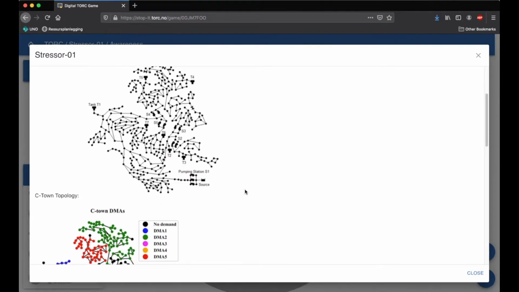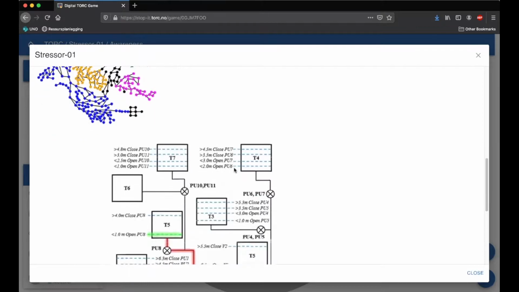It's T5. Yes. And which pump we have there? Pump 8. Okay, exactly. Yeah, it was just to recap. So we are there with that tank and with that actuator.